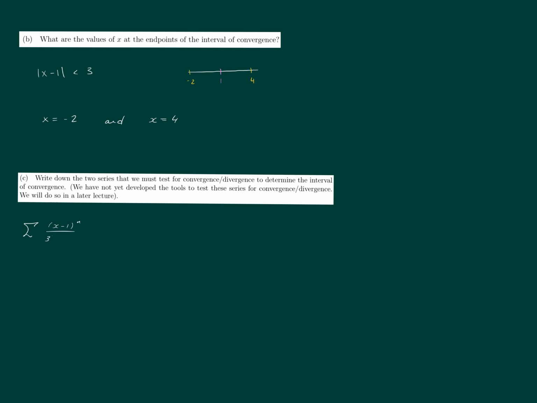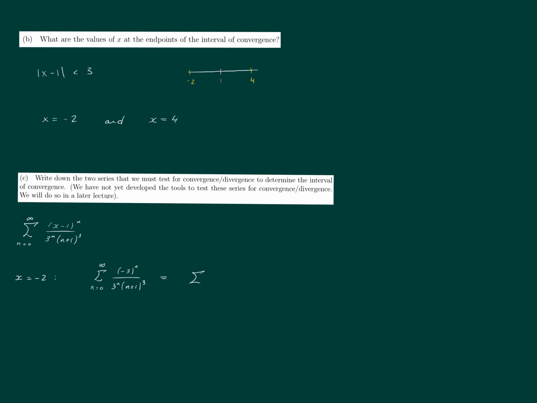Part C, write down the series you would have to check for these tests. So fill in minus 2, fill in 4, and look at the series. So x is minus 2. Let's fill that in. Sum n equals 0 to infinity, minus 3, minus 2 minus 1 is minus 3, to the n over 3 to the n plus 1 cubed.